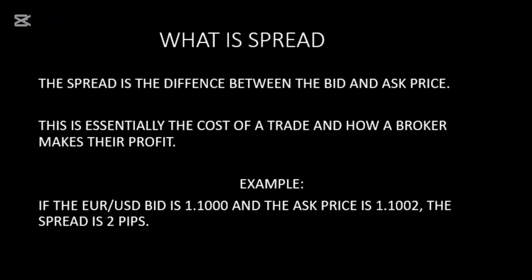For this example, if the EUR/USD bid is 1.1000 and the ask, which they want to sell to you at, is 1.1002, the spread is 2 pips, and that is how they make their profits. For every trade you take, there is always a spread. I hope you're following.